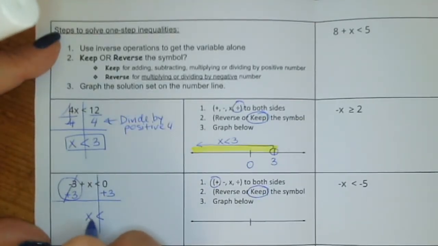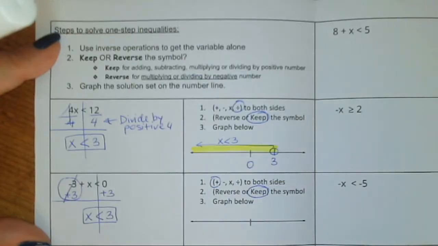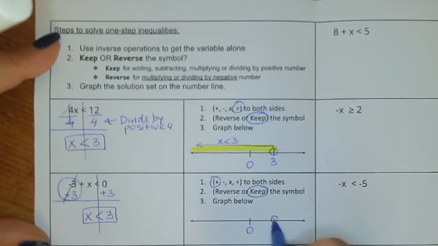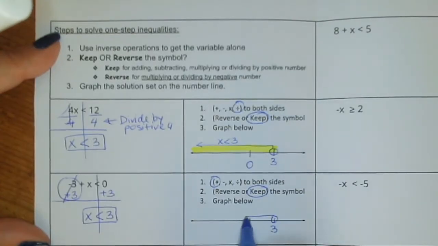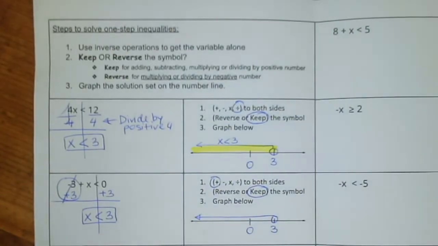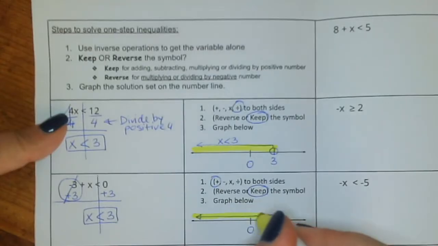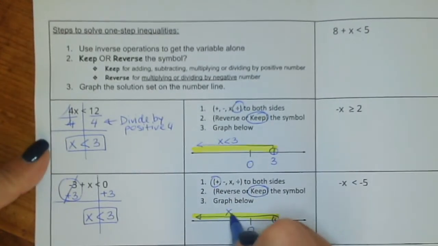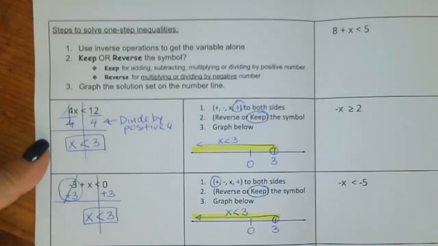Drop down that x alone, 0 plus 3. Same inequality, 0, and then 3 on the right of 0, empty circle, point to the left. The values less than 3 are on the left hand side of 3.